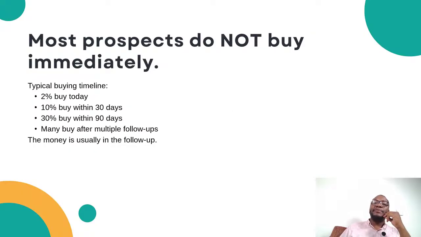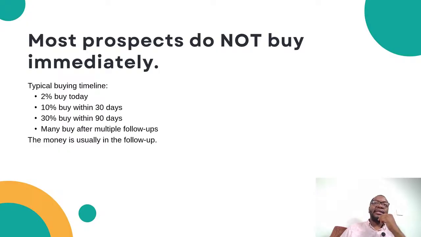Now, most prospects do not buy immediately. Typical buying timeline, if you're looking at the slides: 2% buy today. So you start a conversation with someone and they immediately buy on the spot. 10% buy within 30 days. Standard, you have to follow up.